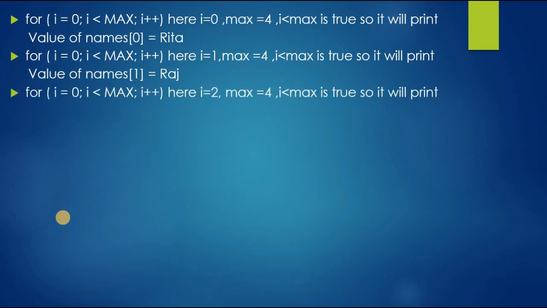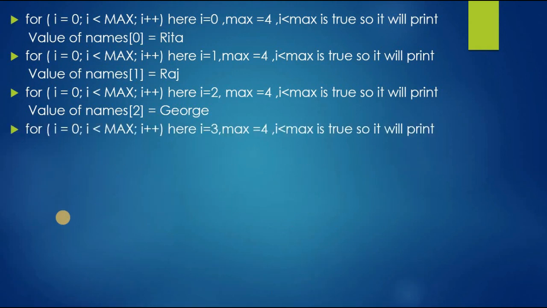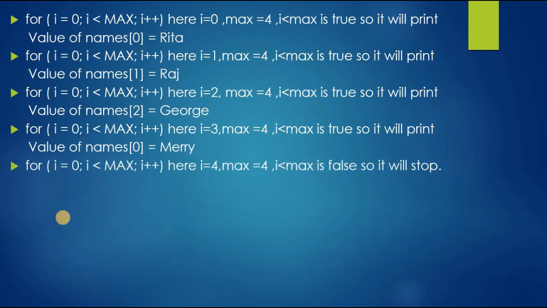Then again i is incremented, the condition is true, so it will print the value of names at the 2nd address, which is George. Then i is incremented, i is less than max is true, so it will print the value of names at the 3rd position, which is Mary.